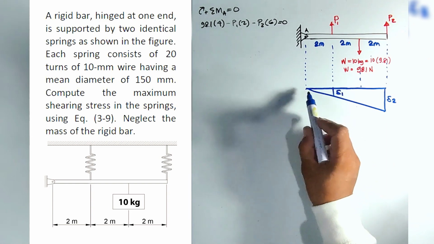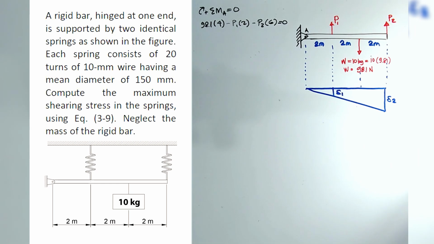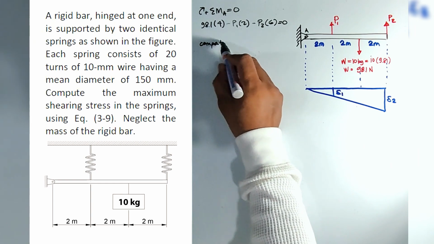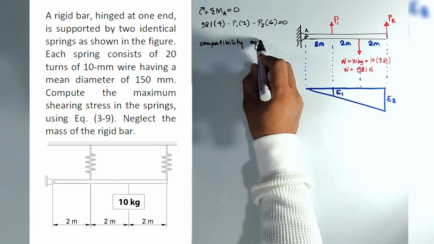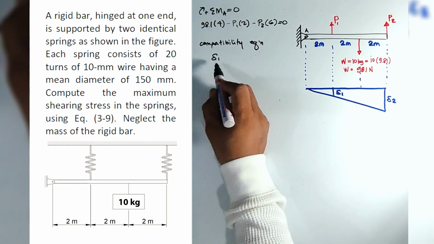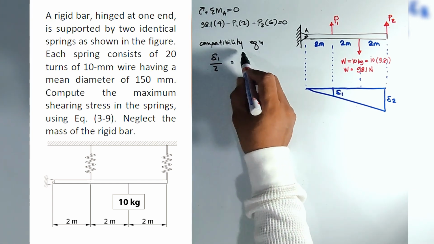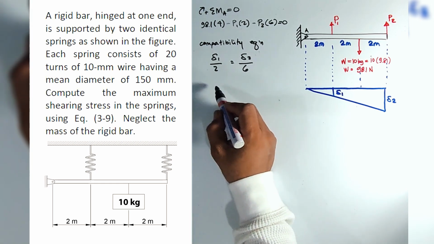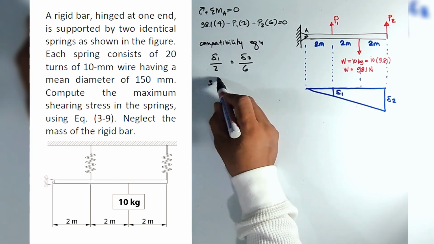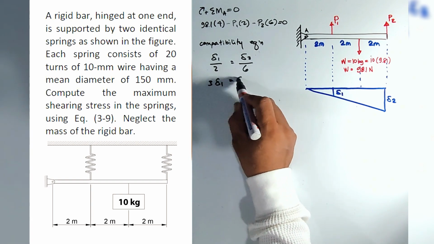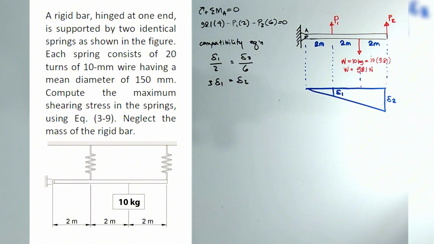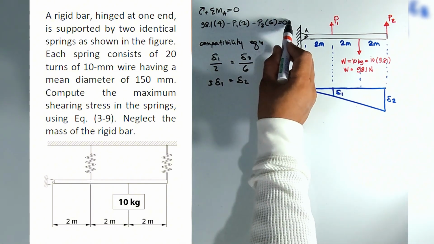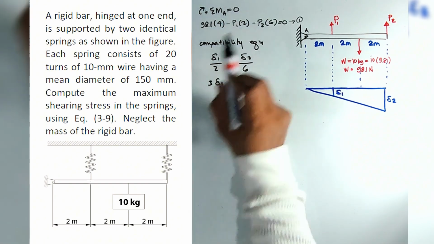So this is 2 meters, this is 6 meters by ratio and proportion. This is what we call the compatibility equation. That's delta 1 over 2 is delta 2 over 6, or 3 times delta 1 is delta 2. Okay, let's just call this one equation 1.